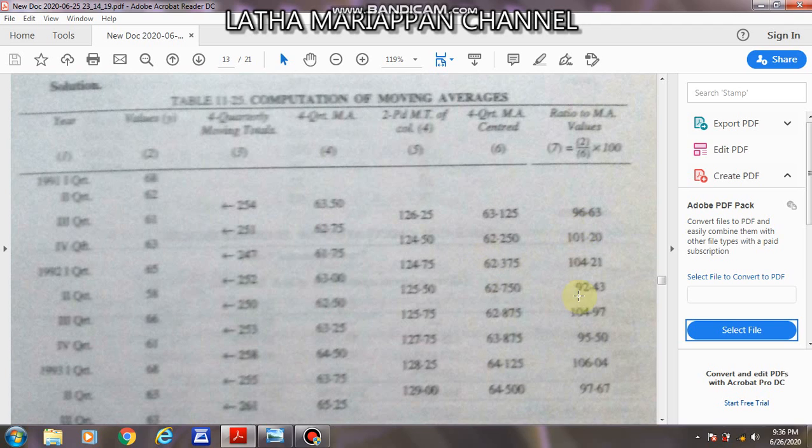Like this only you have to do. Here you have to take the exact value. This 63 is the centered value of the third quarter. So 61 is here. 61 divided by 63.125 multiplied by 100, you will get 96.63.